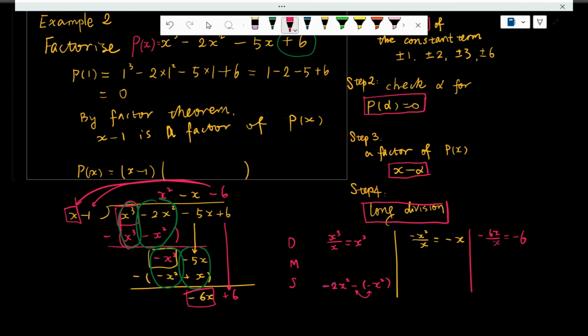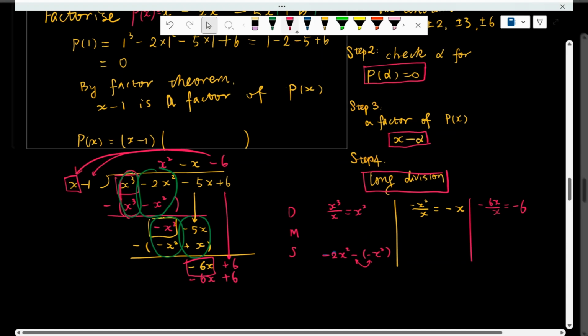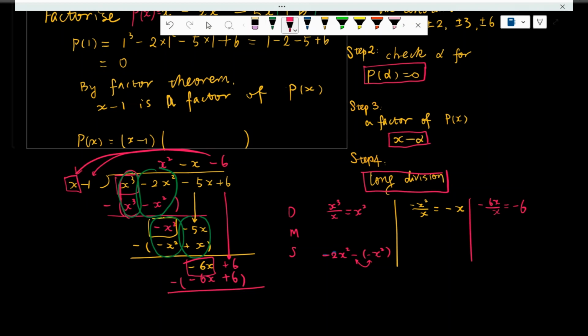And we will have negative 6x plus 6. And we can see they are exactly the same. Then we complete the third step: minus sign, all in the brackets. Then subtract vertically, and because they are the same, the final result will be 0.